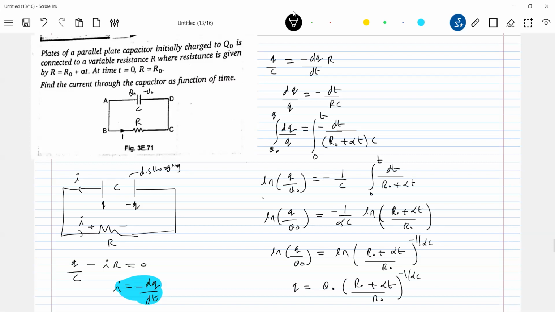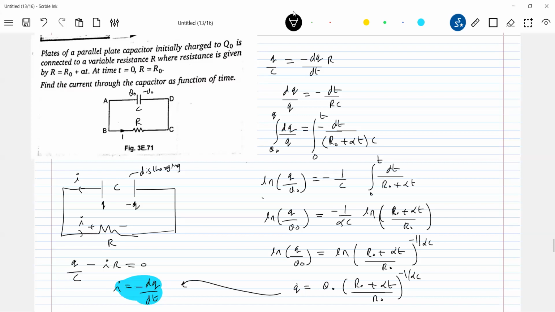Differentiate this and you'll get the expression for current.